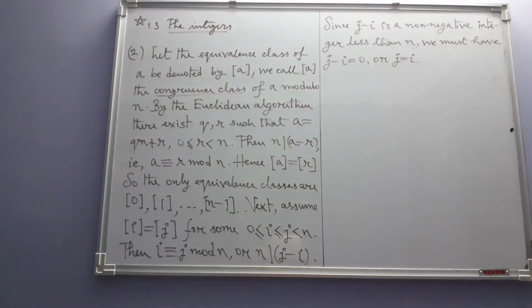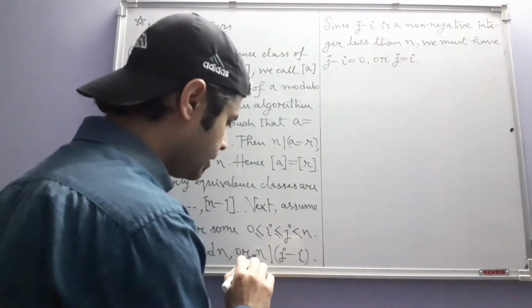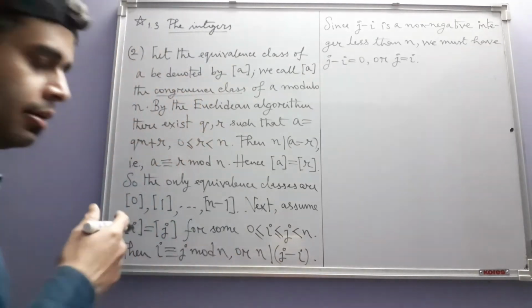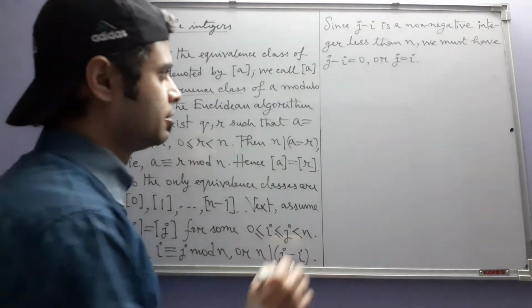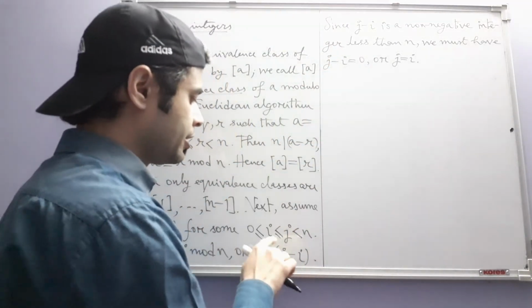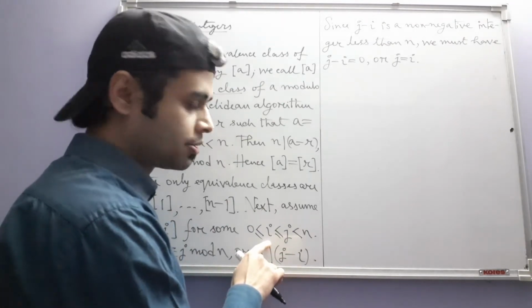So what we are saying here is this. You see, n divides j minus i, that means j minus i is an integer multiple of n. Now at the same time j minus i is non-negative. Why? Because j is greater than or equal to i.